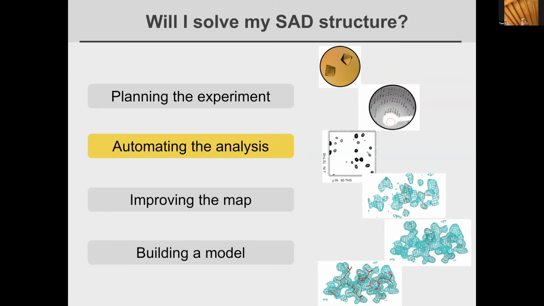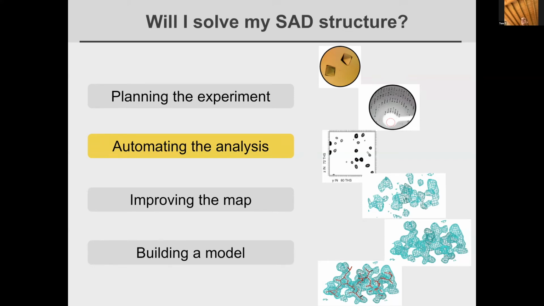And the answer is it depends. So you can have a situation where you have a very low figure of merit of phasing. So figure of merit of phasing is basically an estimate, based on the statistics of the phasing experiment, of how accurate those phases are.